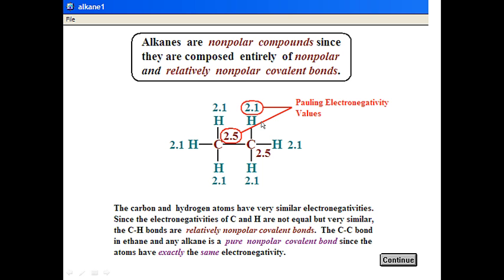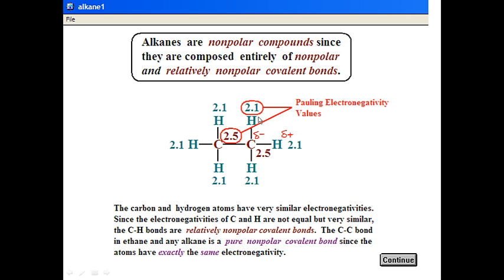Although there is some unequal sharing between the carbon and the hydrogen, the carbon being more electronegative would be slightly negative, and the hydrogen being slightly less electronegative would be slightly positive. So a carbon-hydrogen bond has a little bit of positive charge on the hydrogen and a little bit of negative charge on the carbon, but for the most part we consider these alkanes to be nonpolar molecules.